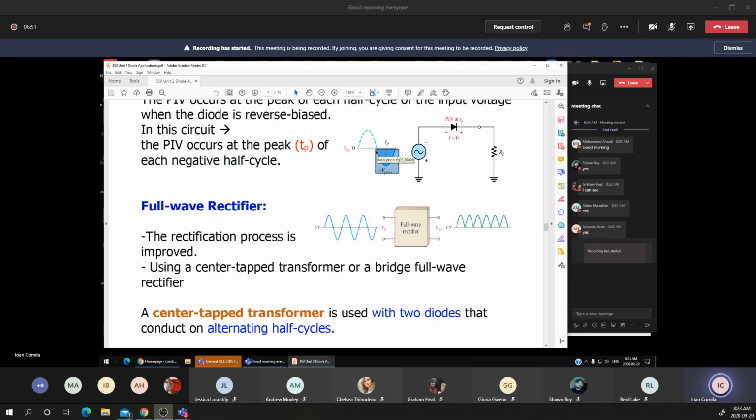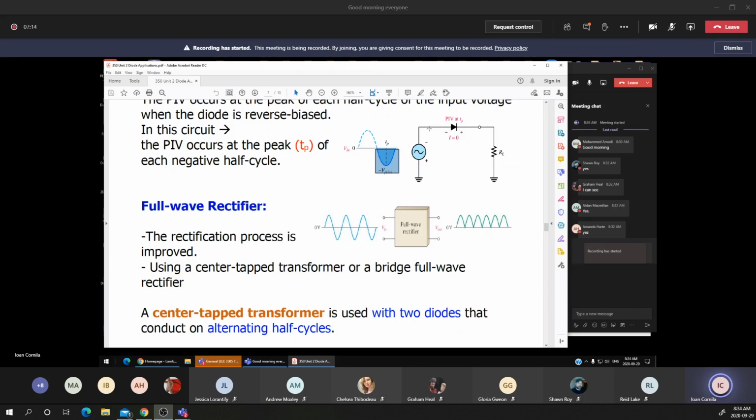Another disadvantage is that it uses just half of the sine wave from the supplied signal voltage source. The power supplied to the load resistor is much lower.